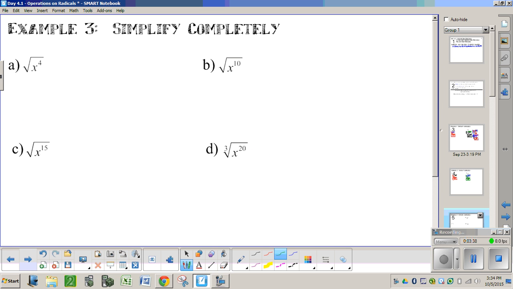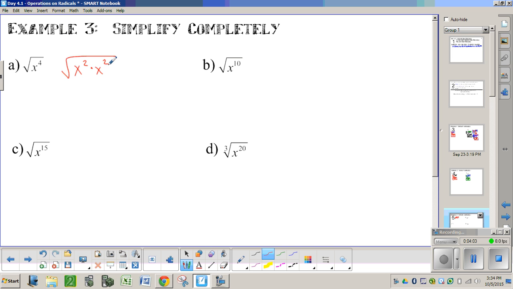So now let's get into using some variables. If you'll notice, you have the square root of x to the 4th. One thing I want you to keep in mind is when you multiply using like bases, you add exponents. When I'm working with variables, I could simplify this into x squared times x squared because 2 plus 2 gives me 4.